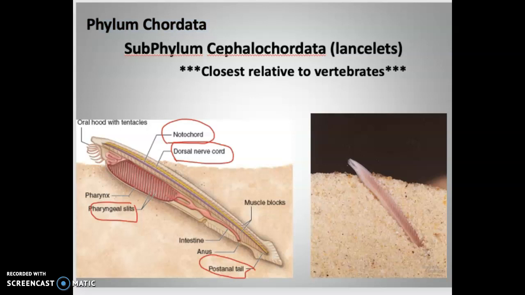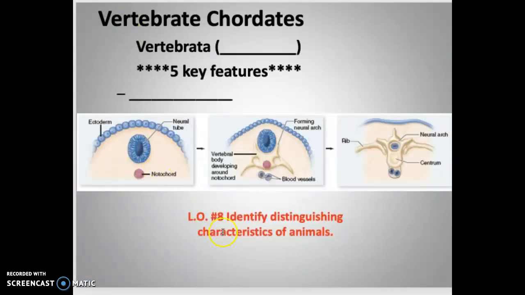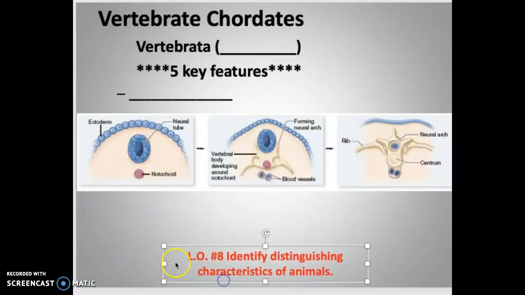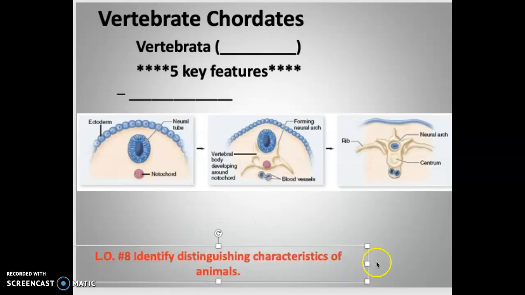These guys are the closest relative to the vertebrates, or what we would call subphylum Vertebrata. So closest living relative to the vertebrates we have out there. So, okay, this brings us to the vertebrates. Let me move this down. Give us some more space here.